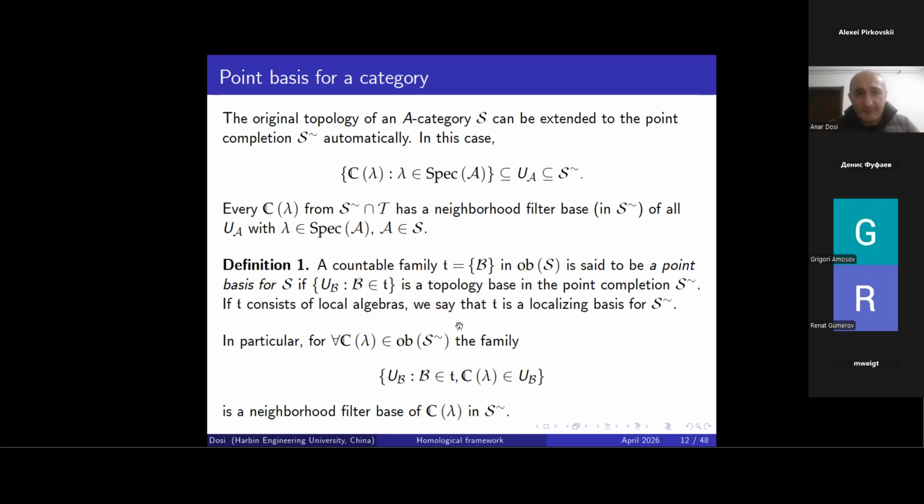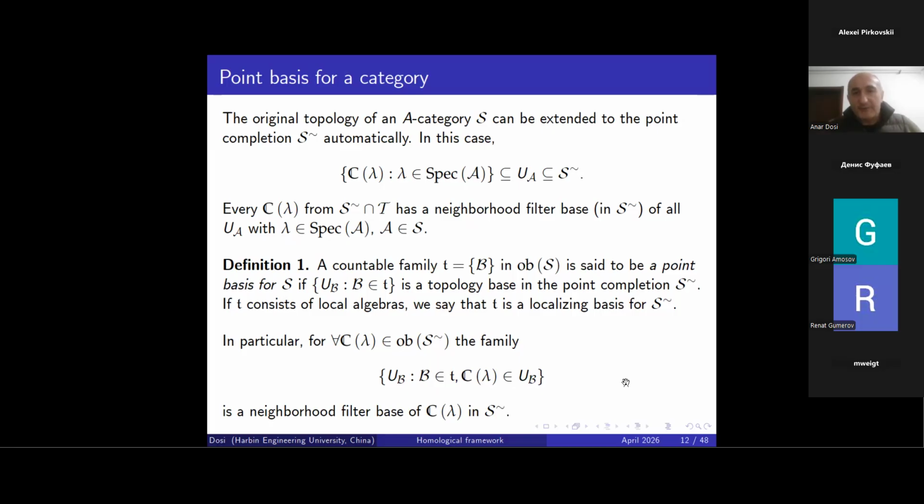Well, if this family consists of local algebras, I mean localizations, then we say it is a localizing basis. Okay, so if you take the trivial module from the completion, you can get this family, like lambda from here.